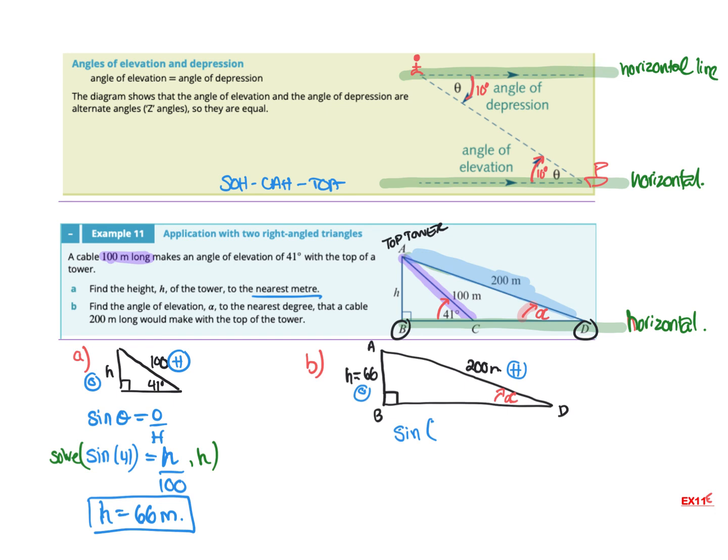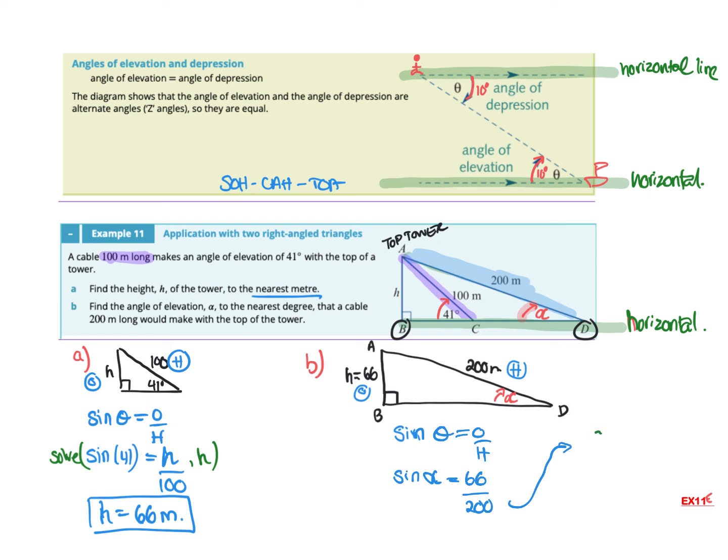So we'll write our rule out. Sine theta equals O over H. Then we'll substitute in. So sine alpha equals 66 over 200. And then how do we find the angle? We use the inverse, don't we?